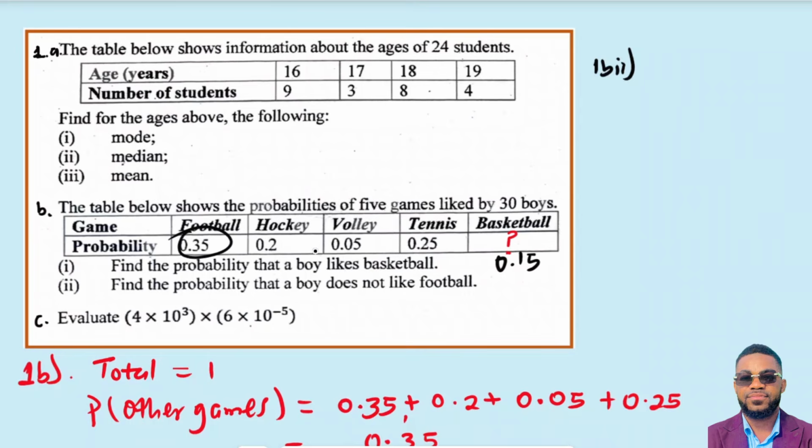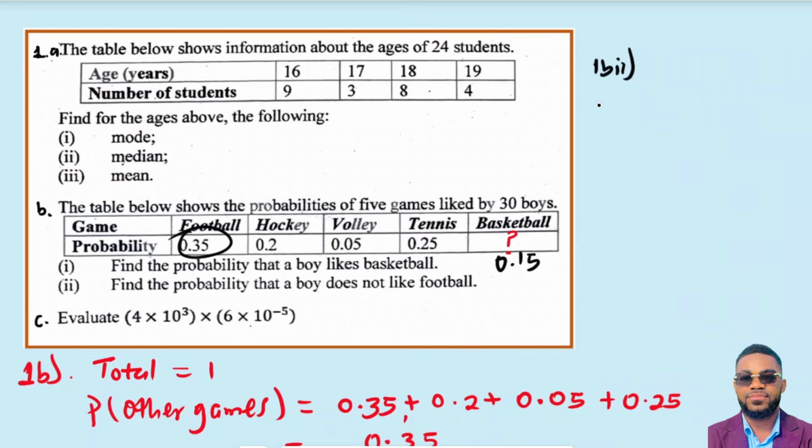Or you can add the remaining probabilities, 0.2 plus 0.05 plus 0.25 plus 0.15, and we are going to get the same answer. So an easy approach is this. The total probability is always going to be 1. So if somebody likes football, then the reverse, which is not football, is going to be 1 minus the probability of the person liking football.